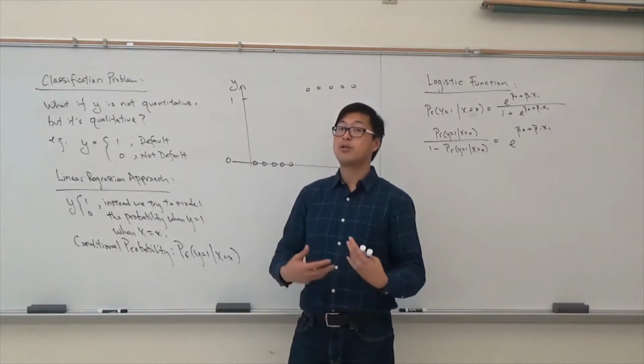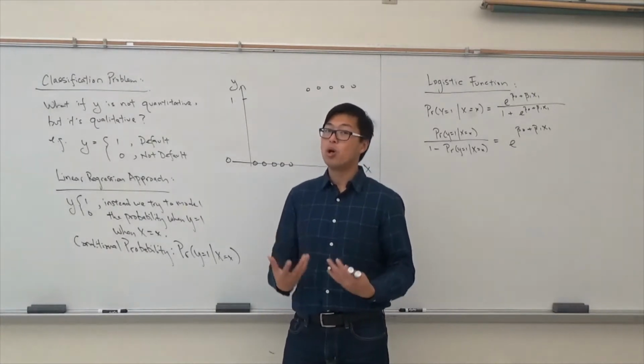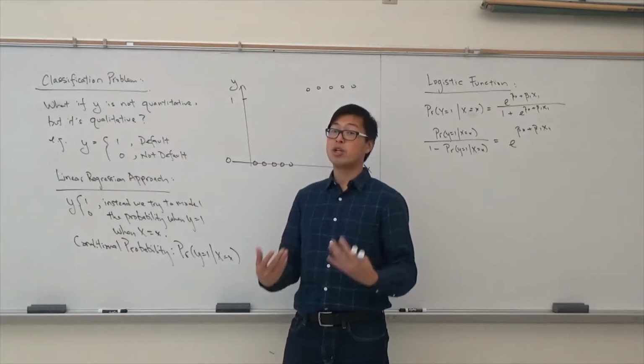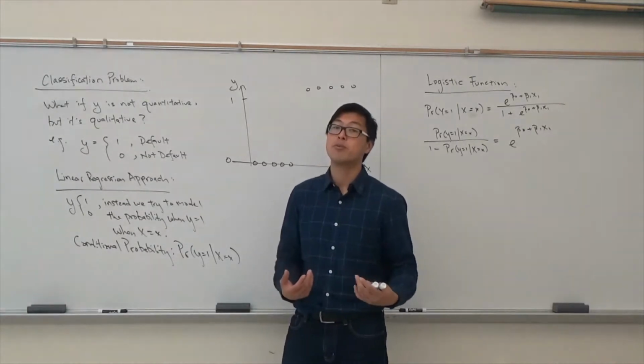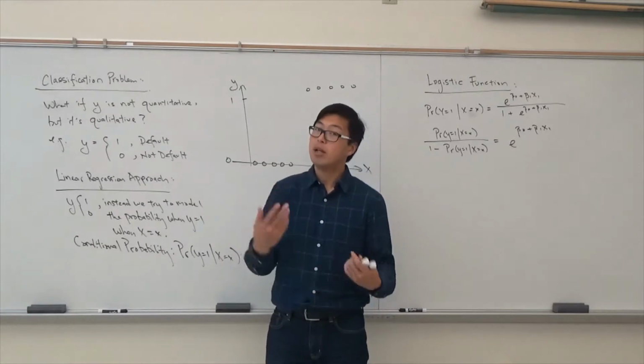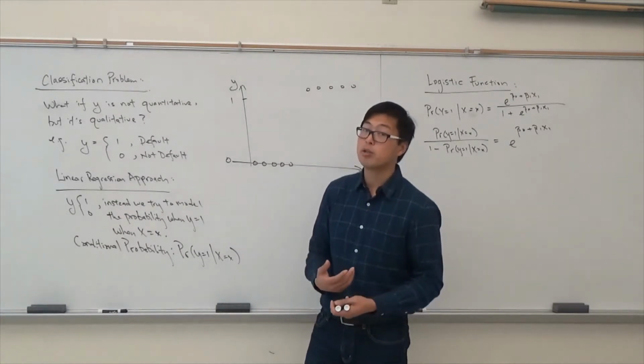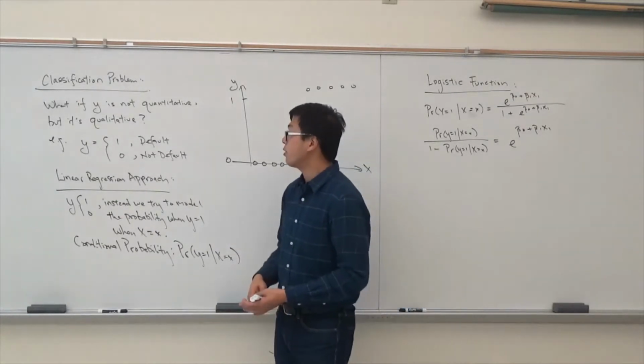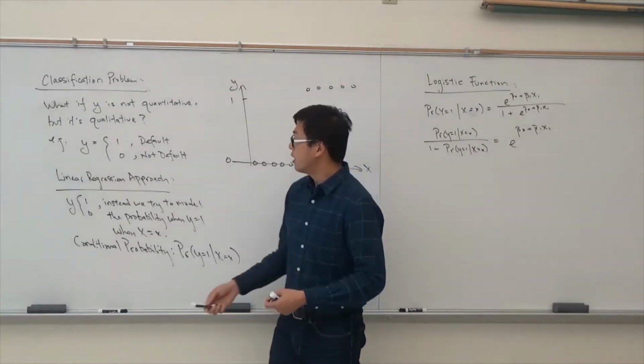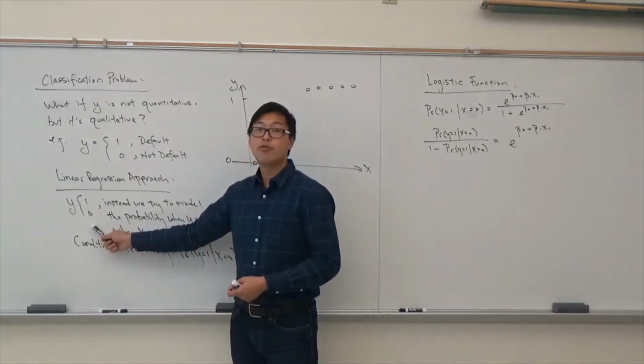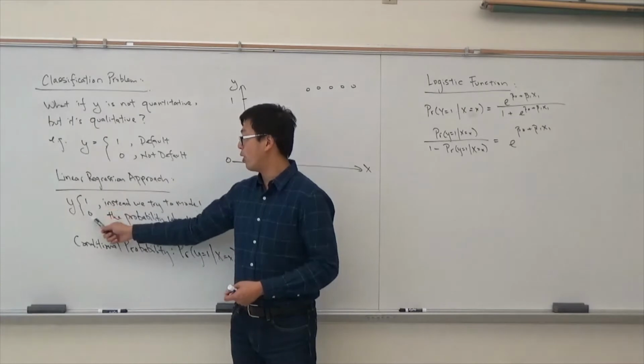But there is one very important question we have to consider when using a linear regression model for this type of problem. Let's look at the regression approach. Our response will have two values, either 0 or 1.